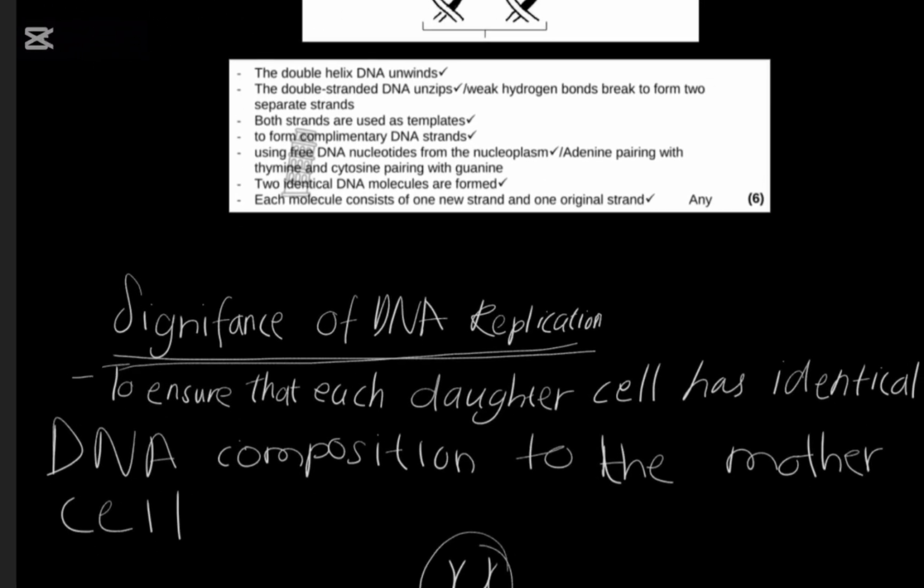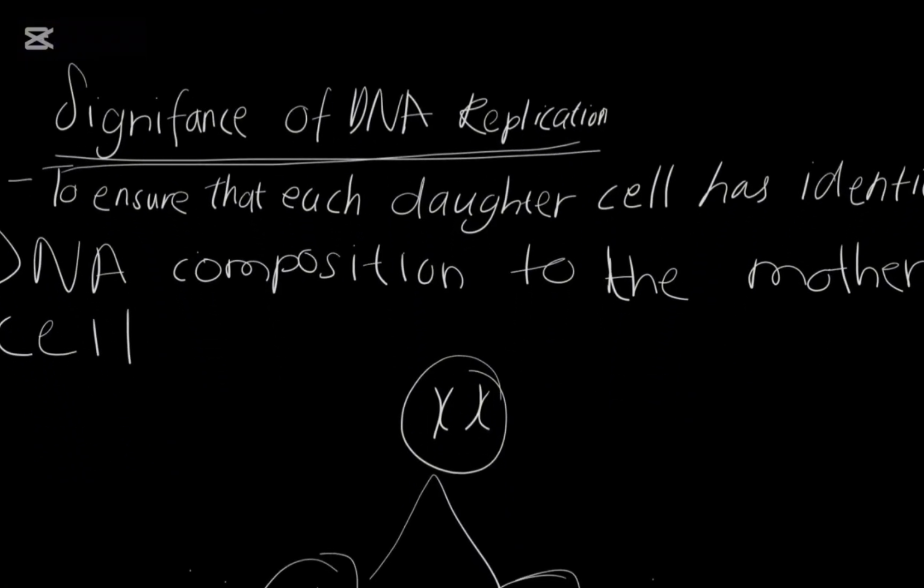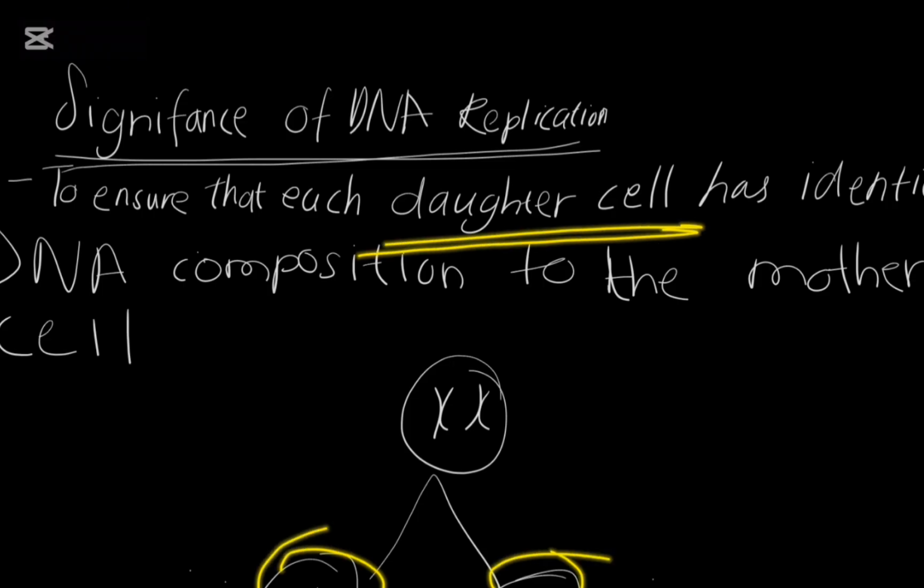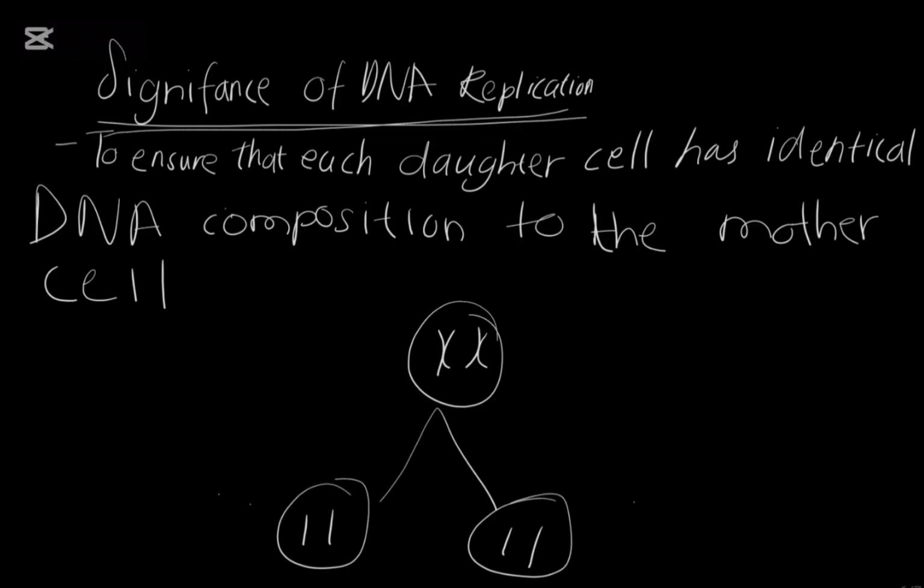Up next, we're going to talk about the significance of DNA replication. The significance of DNA replication is to ensure that each daughter cell has identical DNA composition to the mother cell. This is the mother cell.